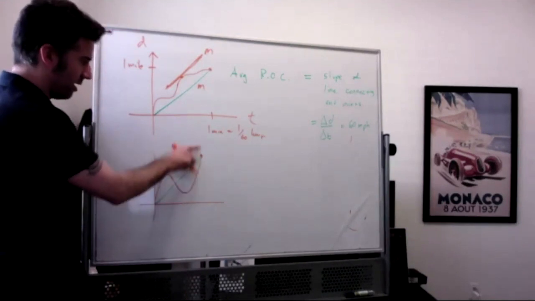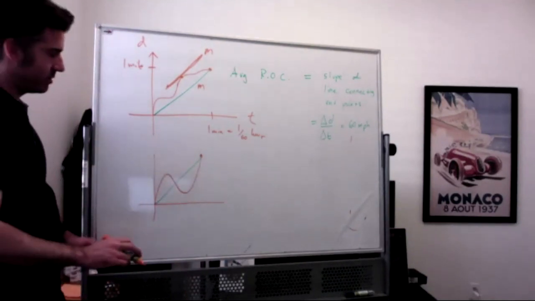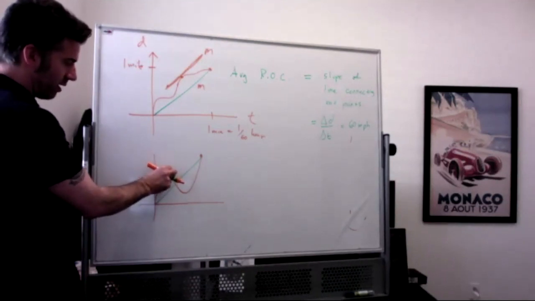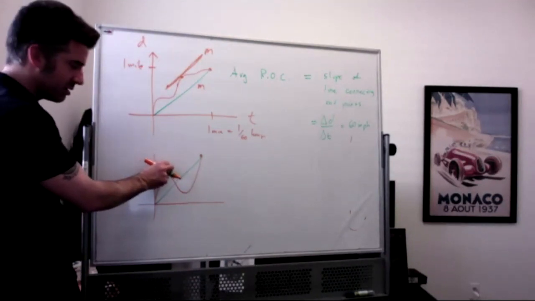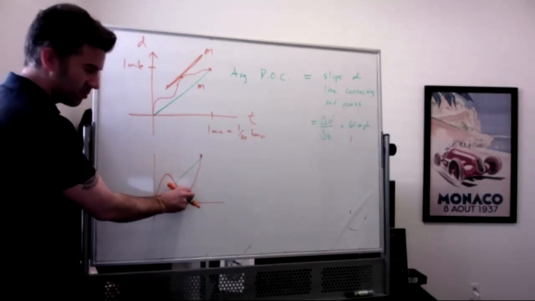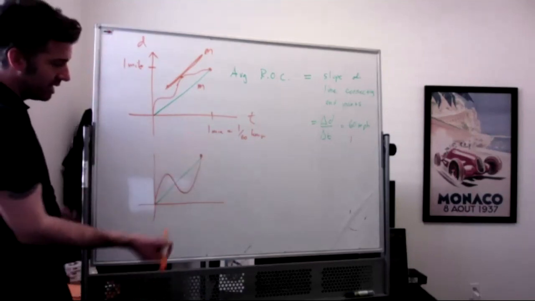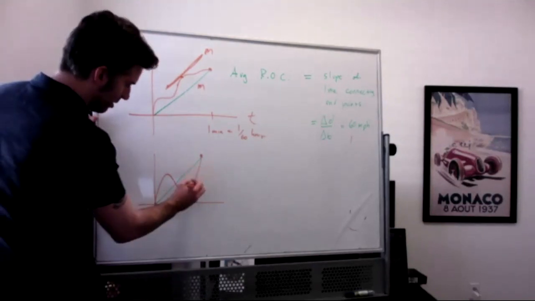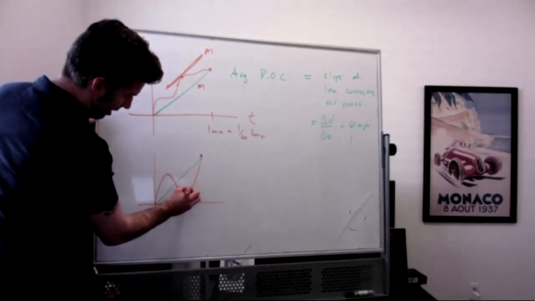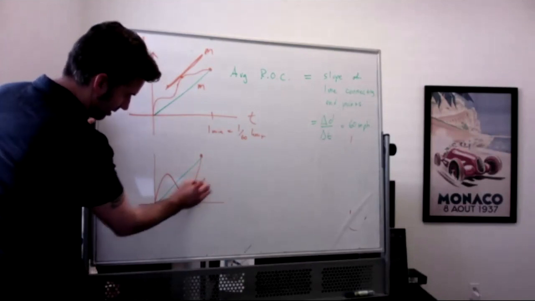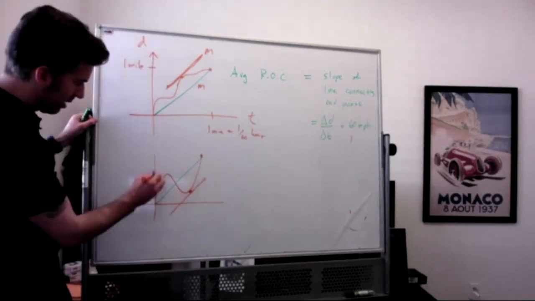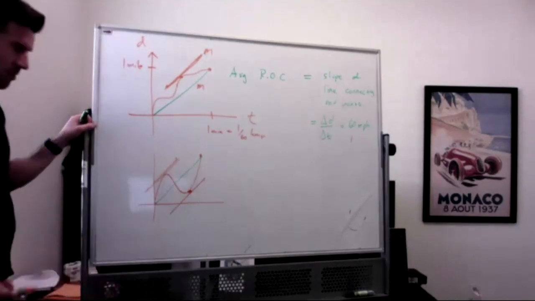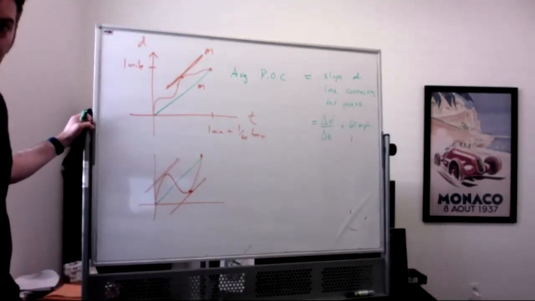I slowed down, stopped my forward progress, threw it in reverse, went backwards, threw it back forwards, went up. But even in this example, there's actually a couple places where my speed had to be maybe right about there. My speed's 60 miles per hour right there, and maybe right about there. And there's a couple places where my tangent line has the same slope as my secant line.